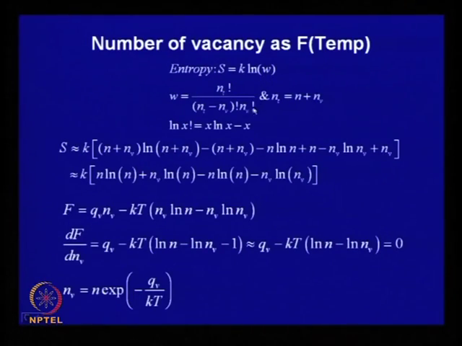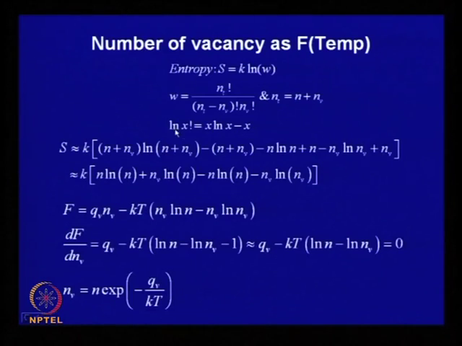That means the ways this arrangement can be made, and usually these numbers are very large, this factorial whatever we consider is very large, and there is an approximate way of calculating such large factorials, which is known as Stirling approximation, and using this approximation one can write that ln factorial x equals x ln x minus x.